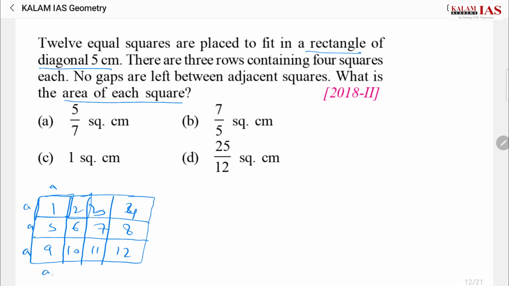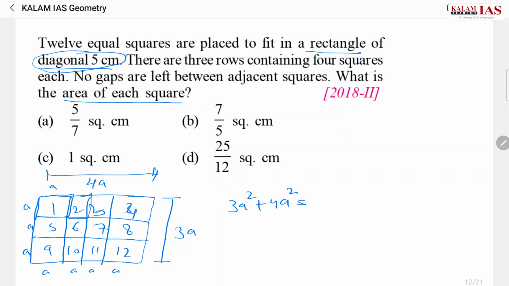Similarly, this is A. So the rectangle has breadth 3A and length 4A, and it is given the diagonal is 5 centimeter. So from the Pythagoras theorem, 3A square plus 4A square equals 5 square. That means 9A square plus 16A square equals 25.